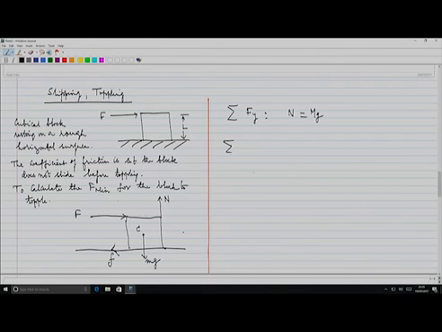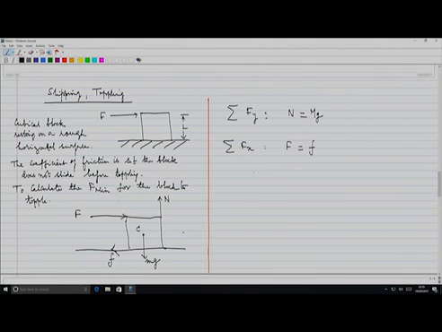Similarly, when I consider all the forces acting along the x direction, the horizontal force is capital F. This must be balanced by the frictional force.